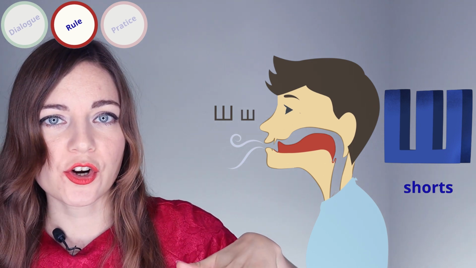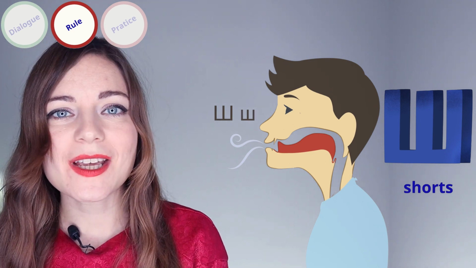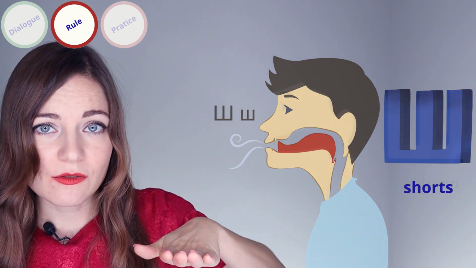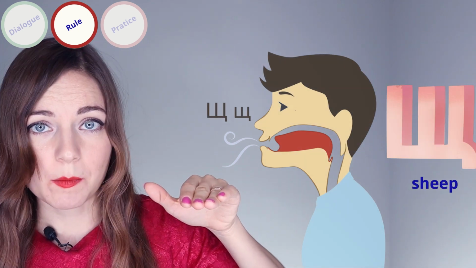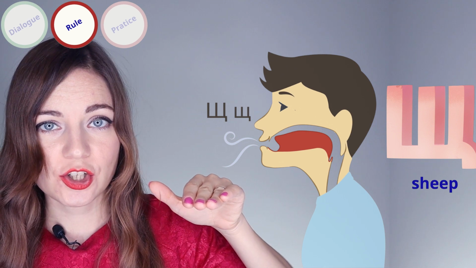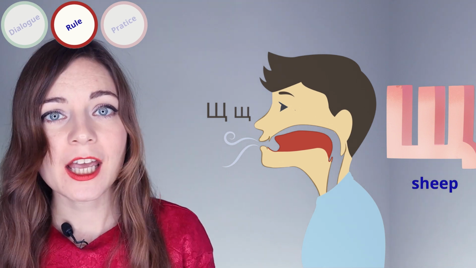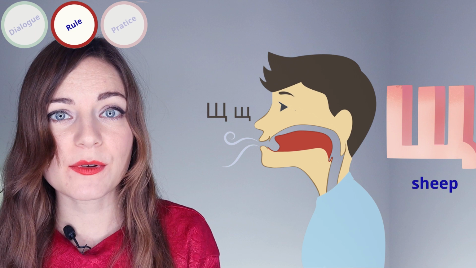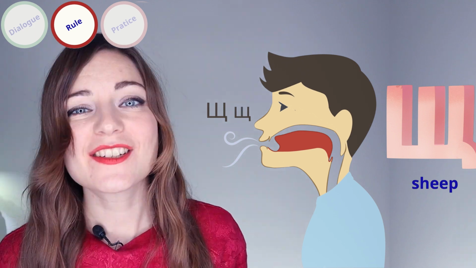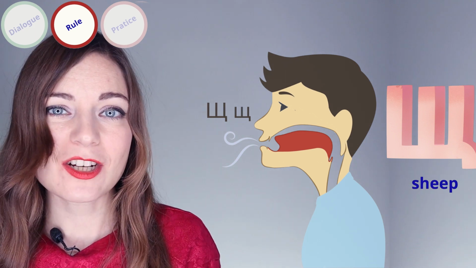When we say the soft sh, the tongue raises to the soft palate. Sh, sheep. In English, it happens before the sound E.